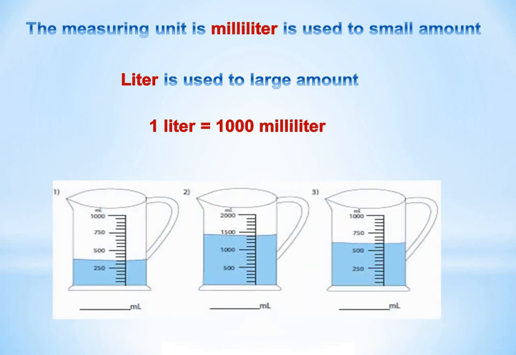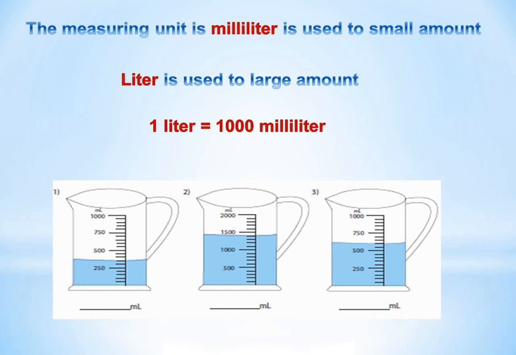Here we have 3 cups, 3 graduated cups. Okay, it's graduated like a ruler to measure the volume of the liquid. The first one is graduated up to 1000 milliliters. If the cup is graduated up to 1000 milliliters, so we will skip counting by 50. We will skip counting by what? By 50.